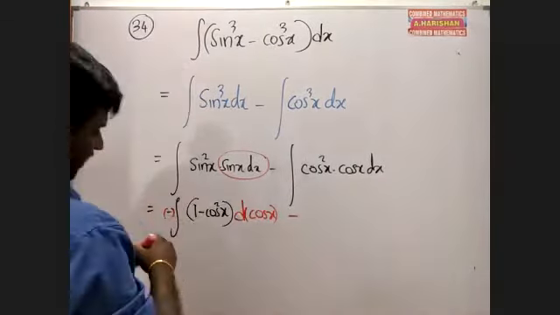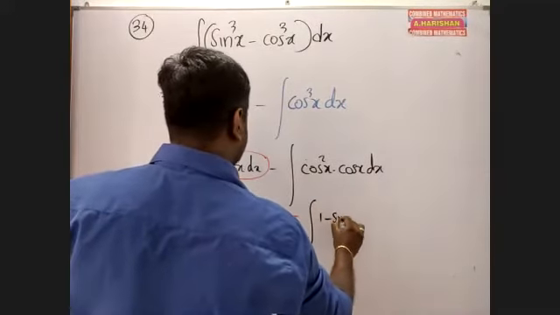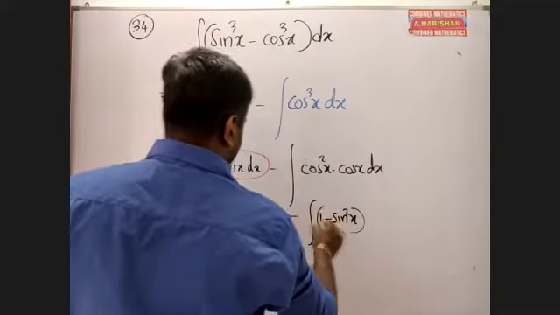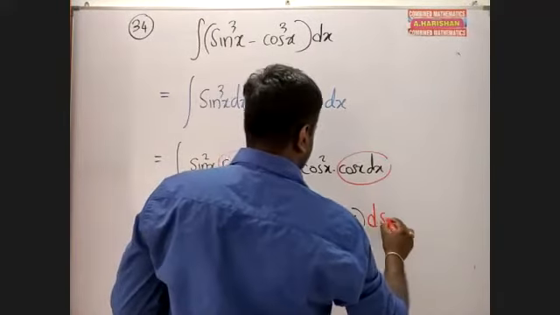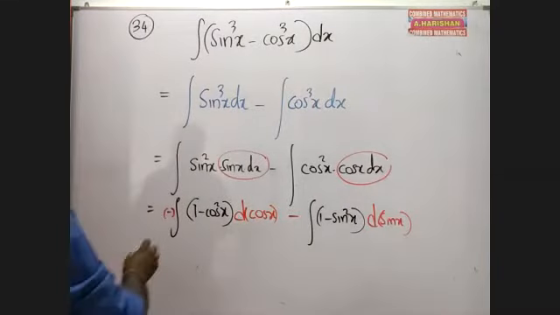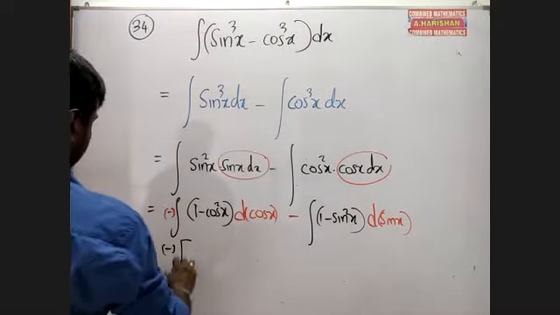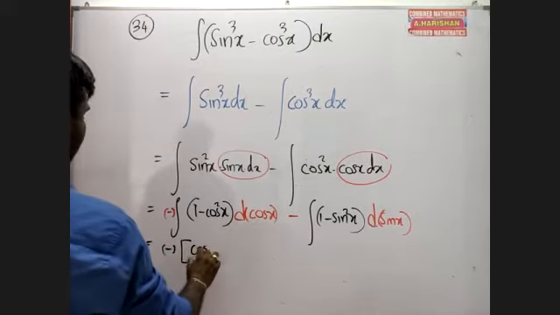Then minus, the same way. So for integration of cos square, I put 1 minus sine square x. At the same time, I can write this cos x dx as d sine x. So here I don't need any minus. Now what is the answer? If you integrate 1 with respect to cos x, that is cos x.